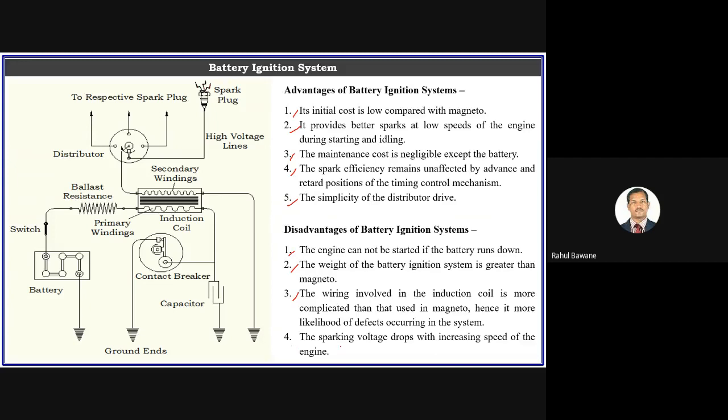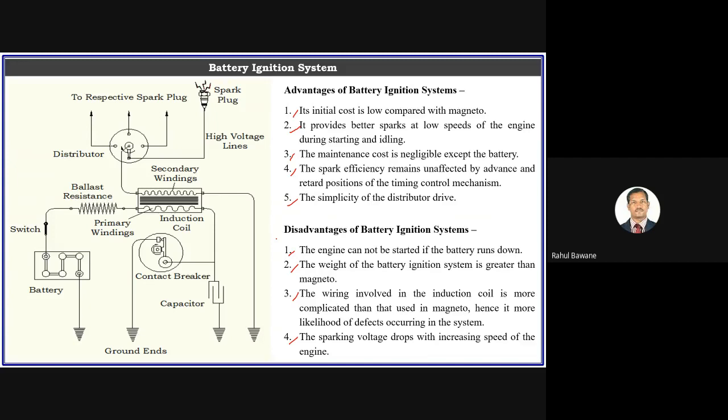Then the last one is sparking voltage drop as the speed of the engine increases. With the increase in speed of the engine, sparking voltage is dropped. With the increase in speed, your system gets overheated, and we all know that heat is bad for a magnetic field.